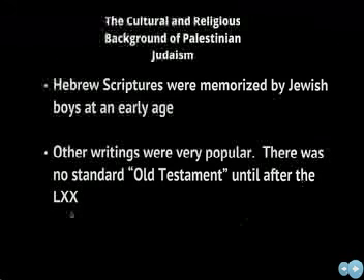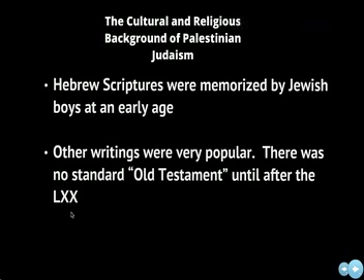And the Septuagint did offer a standardization. It was the Greek translation of the Old Testament and Apocrypha, and it gets its name from the myth that there were 70 scholars that got together, which is LXX.